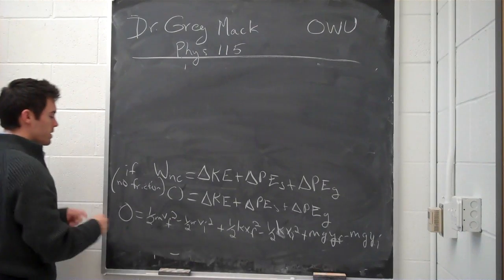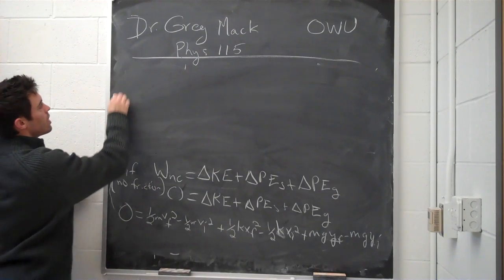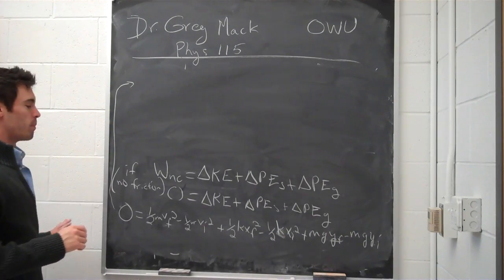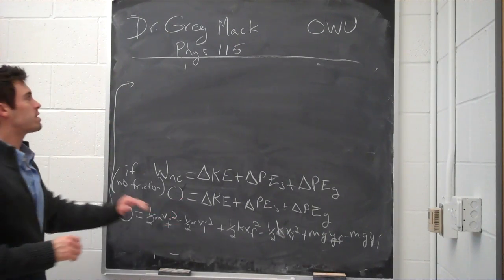And then rewriting this up here means that I can bring all the negative stuff to this side to make it positive and keep all the positive stuff on that side.